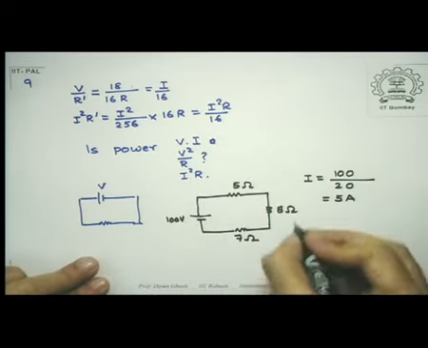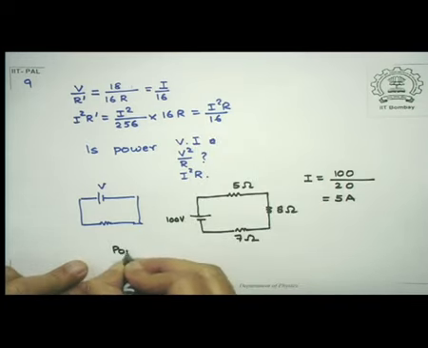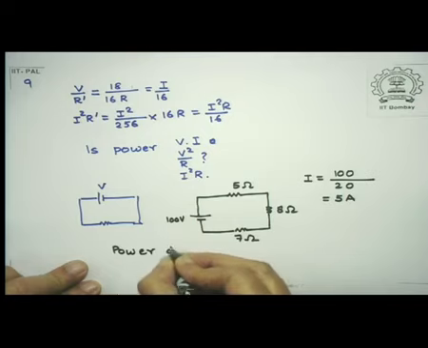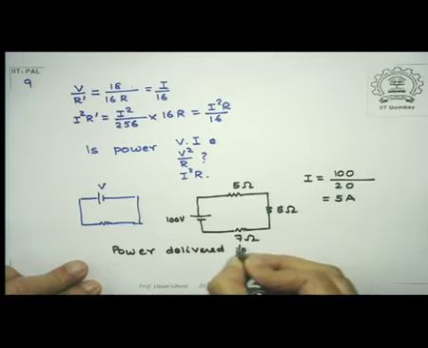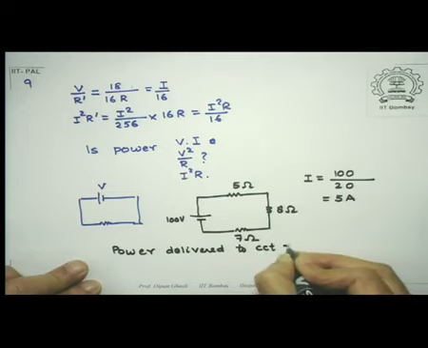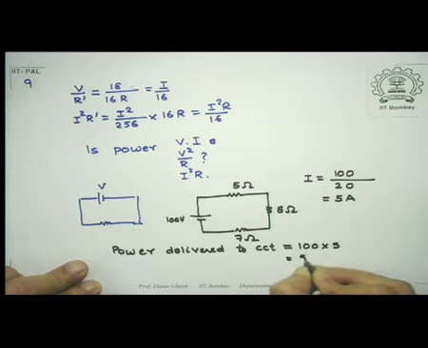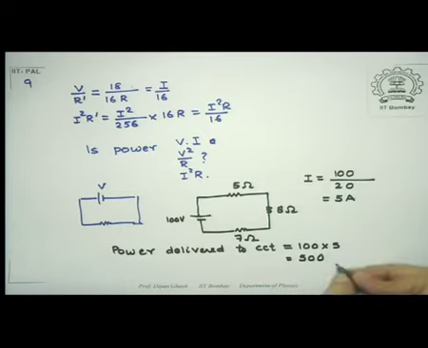So power delivered by the circuit is equal to 100 into 5, which is equal to 500 watts, of course.